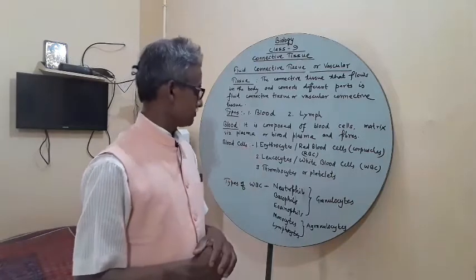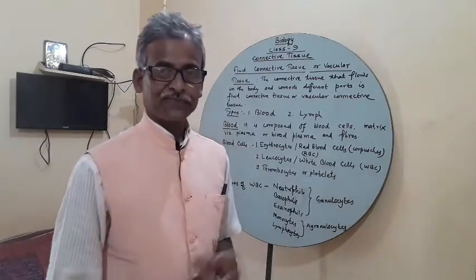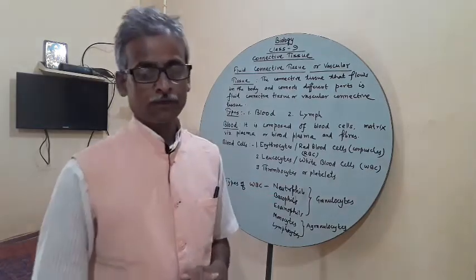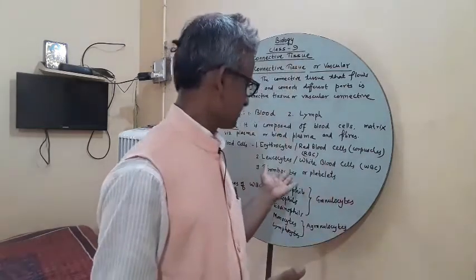After these 2 types of blood cells, the third blood cell is thrombocytes or blood platelets. Much knowledge of thrombocytes is lacking.